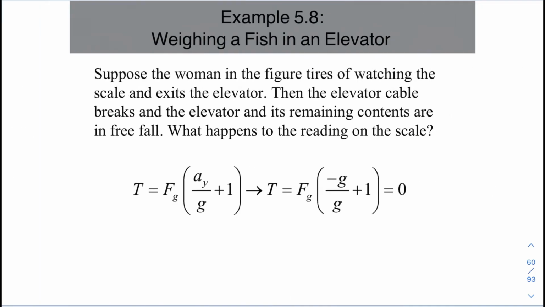As we know, T is equivalent to FG times AY over G plus 1. Here, AY we substitute according to the direction of G, which is downward. So this is going to be 0. What does that mean? Because it's free fall, there is no more reading of the weight. The whole system is falling apart. No reading on the scale anymore.